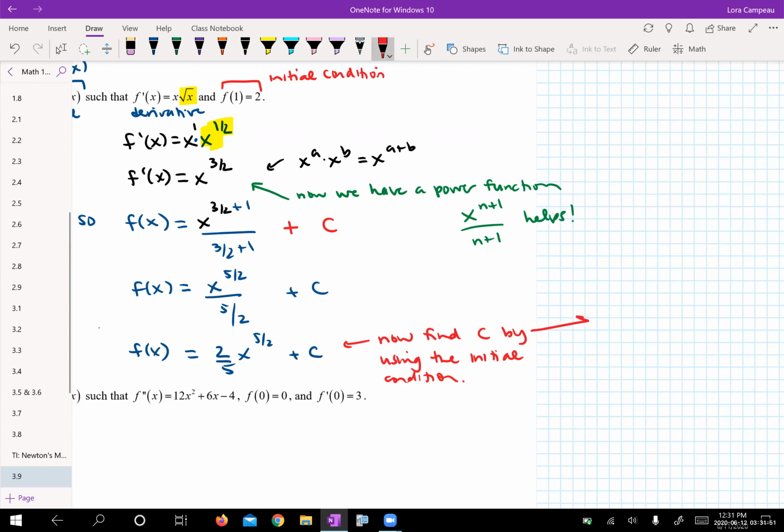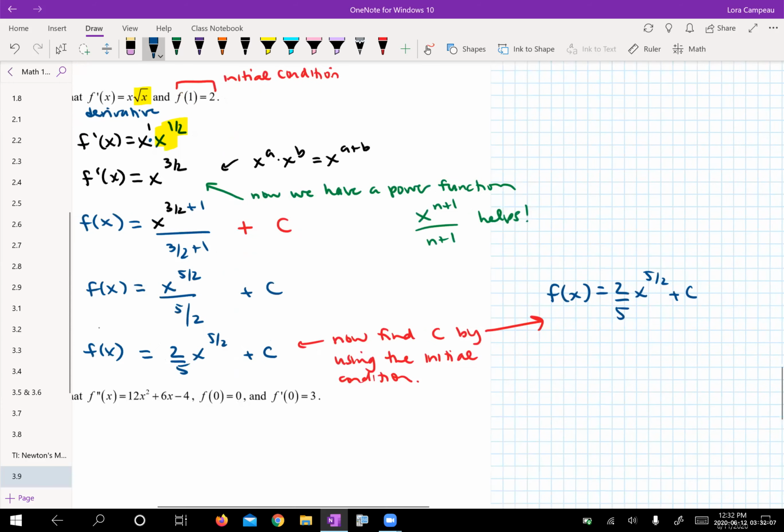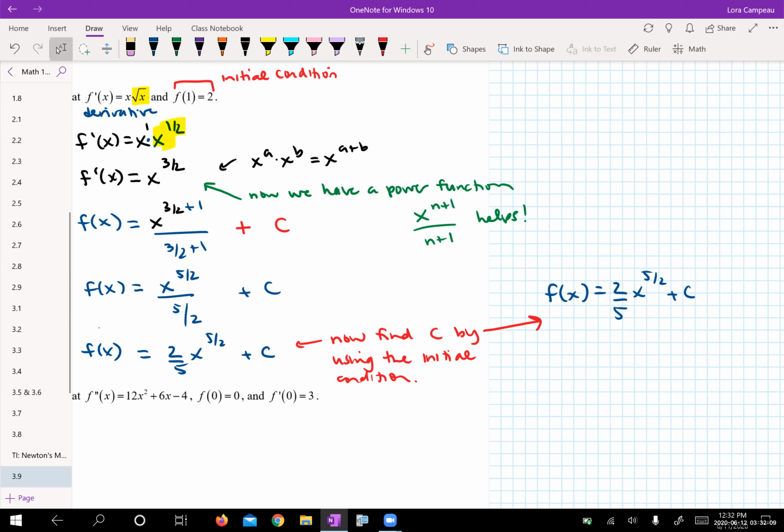I'm going to move it off to the side because I am running out of room. If f of x is equal to 2/5 x to the 5/2 plus c, my initial condition was f of 1 equals 2. So if f of 1 equals 2, you plug in 1 everywhere you see x.